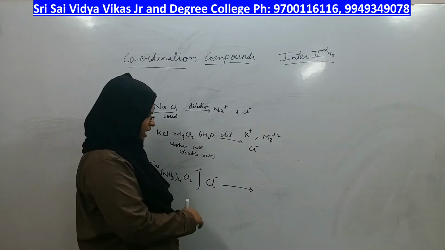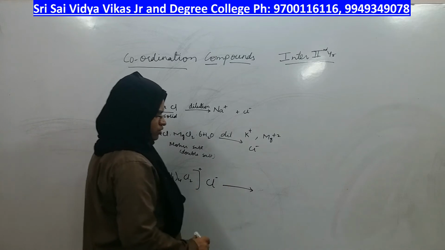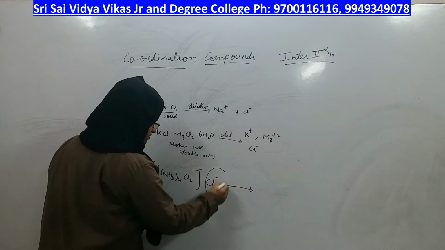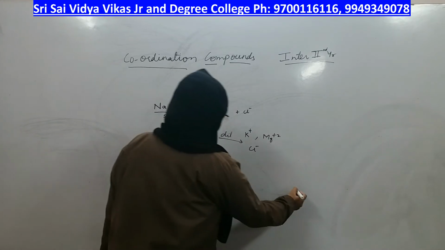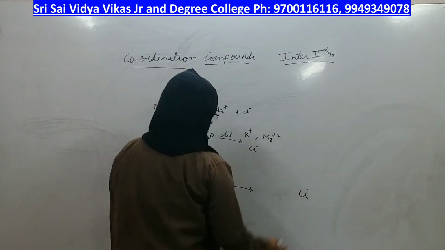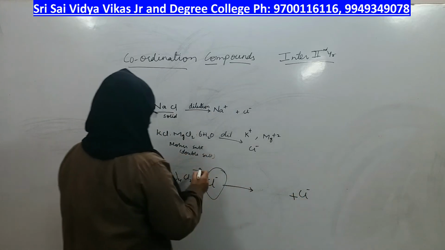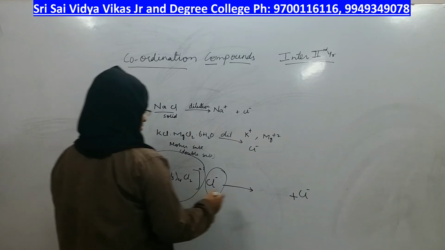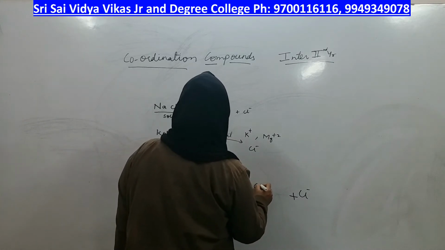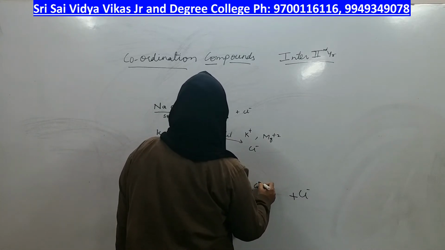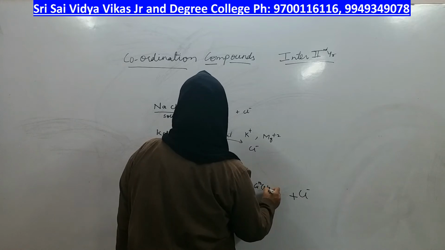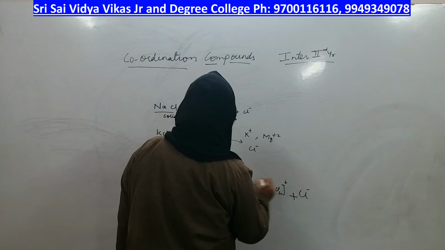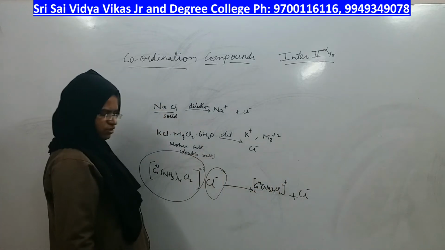So, if you add water to this compound, you will get two types of ions. One is the chloride ion, and the other is one big coordination ion. The whole square bracket will be in the form of a positive ion.